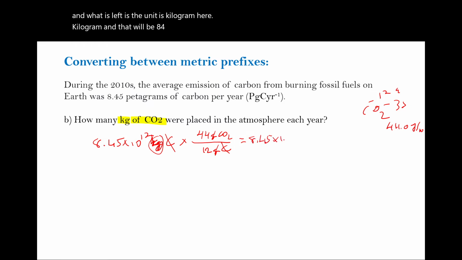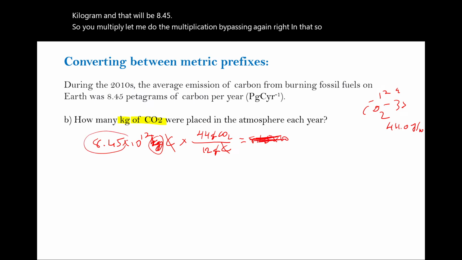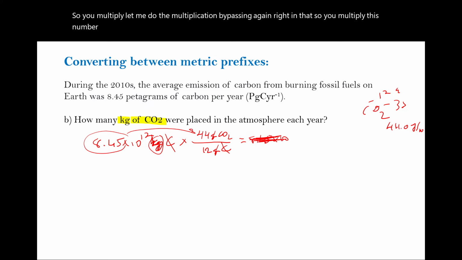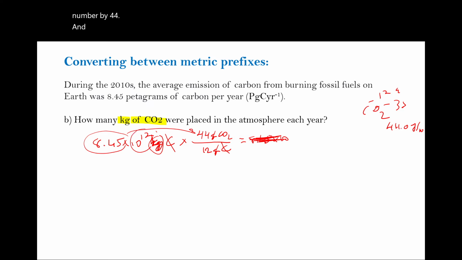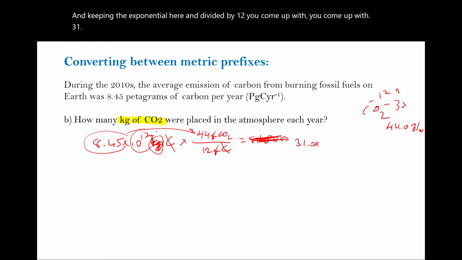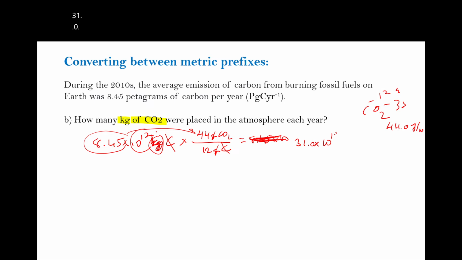8.45. So you multiply this number by 44, keeping the exponential here, and divide by 12, and you come up with 31.0 times 10 to the 12 kilogram carbon dioxide.